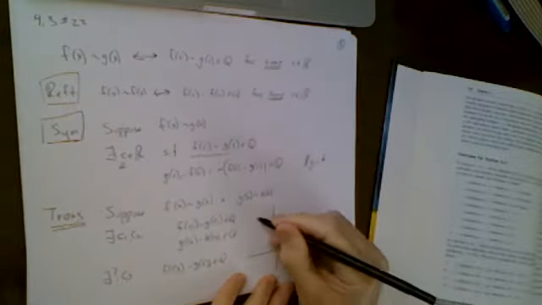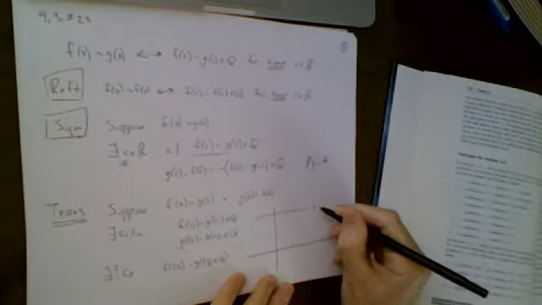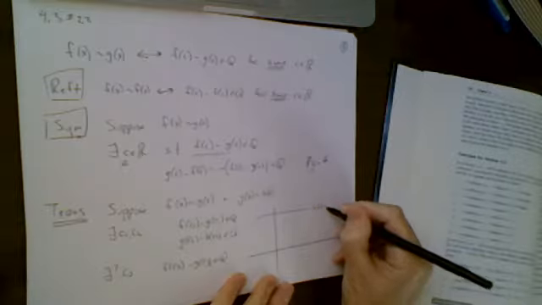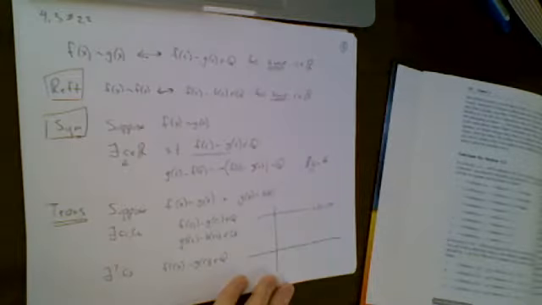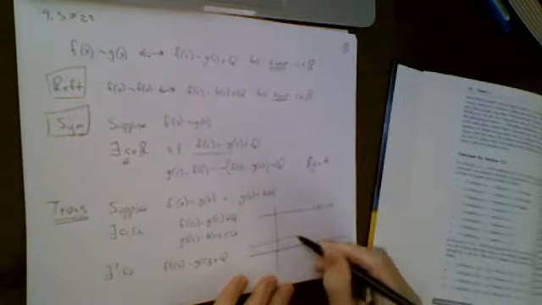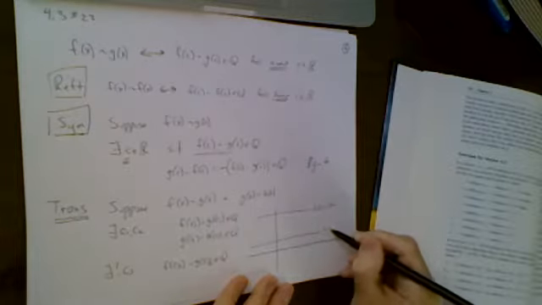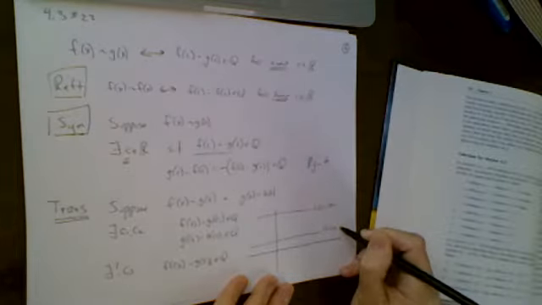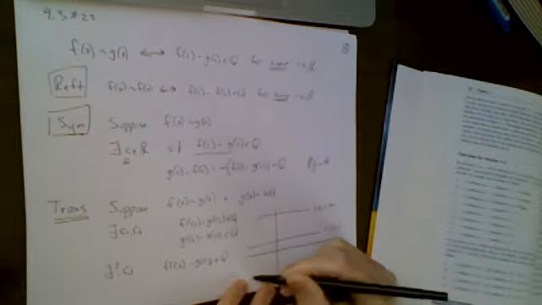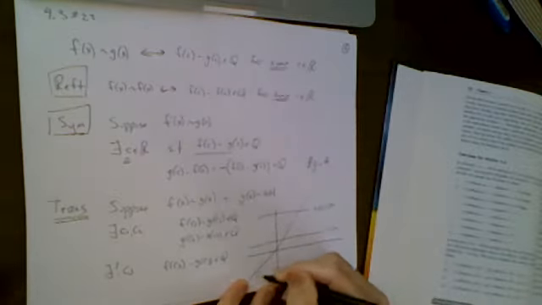Suppose h of x is pi, and f of x is 1, and g of x is x.